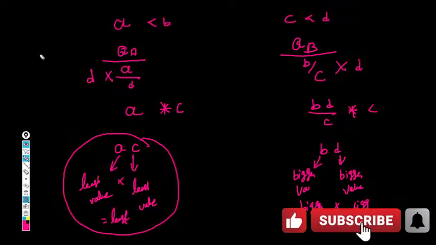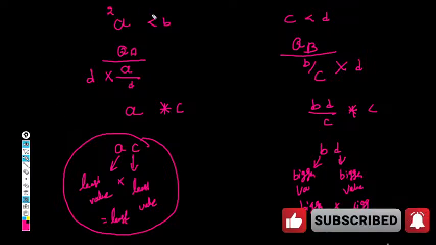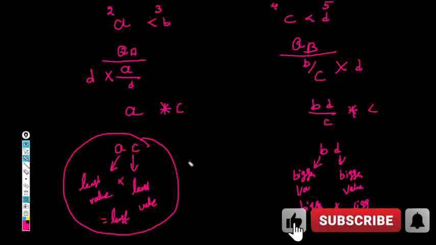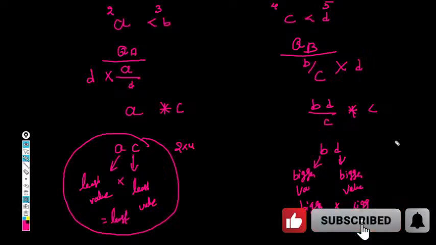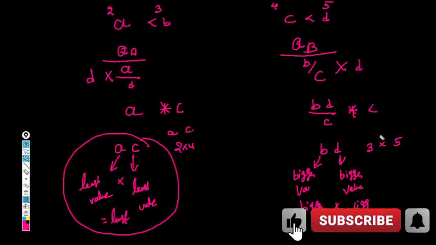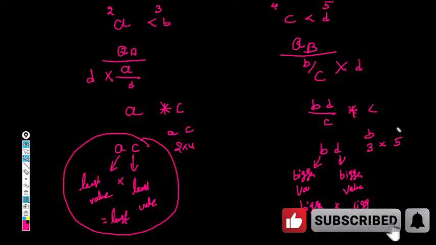Suppose I take values like 2, 3, 4, 5, since they are positive numbers. If I do 2 into 4 on one side and 3 into 5 on the other, here A value is 2 and C value is 4, B is 3, D is 5. So 8 on one side, 15 on the other.